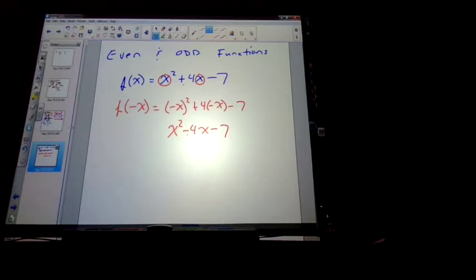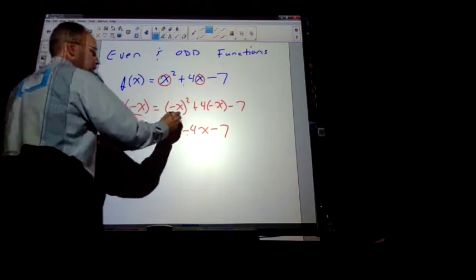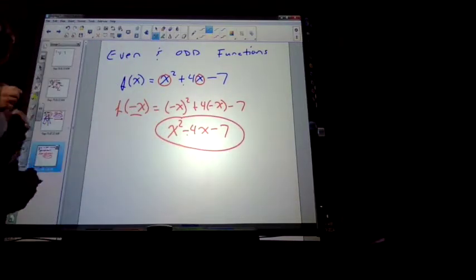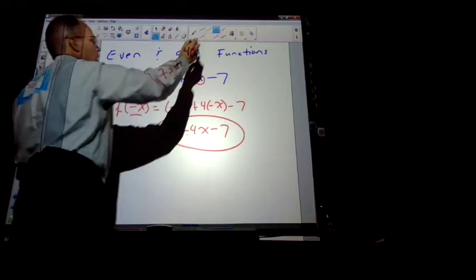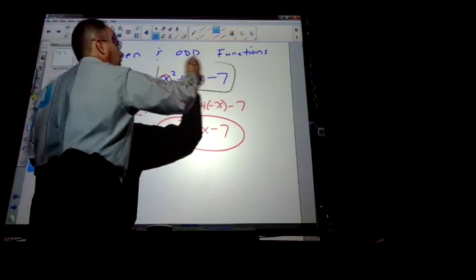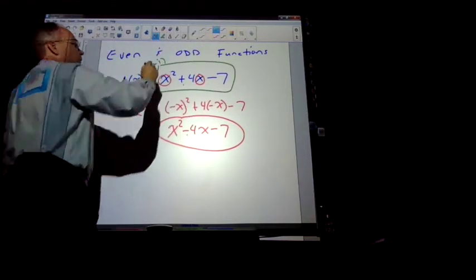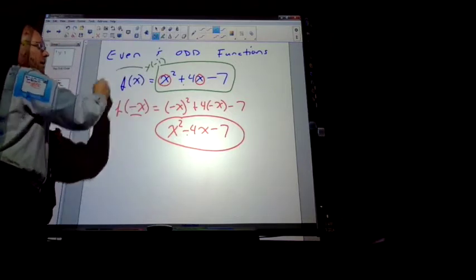If I take negative x and plug it in, and that was the same thing as taking the whole equation and multiplying by negative 1, then it's an odd function. So if I plug negative x in like this, and here's my result, and then the other way says, well, what if I take my original function and multiply everything here by negative 1?